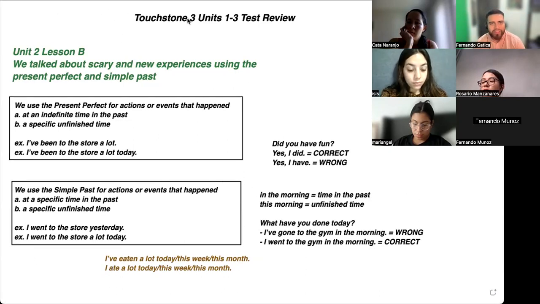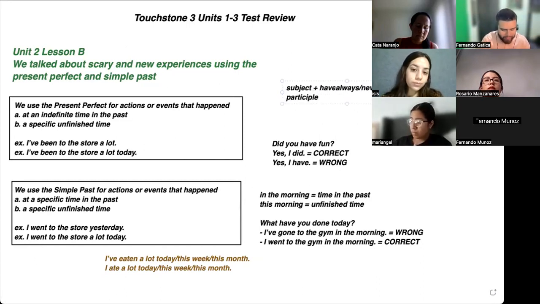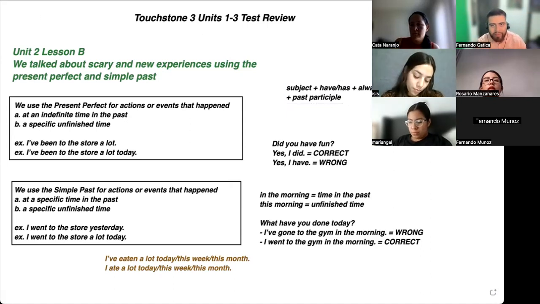Remember, just very quickly, when you use always and never, it always goes before the past participle. So it'll be the subject plus have or has plus always or never, and then the past participle.